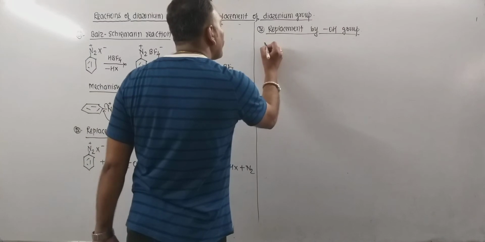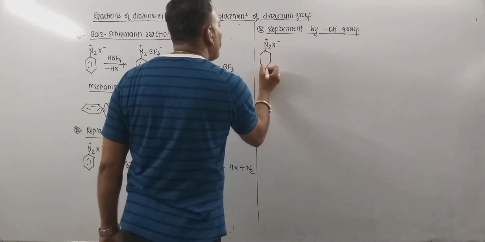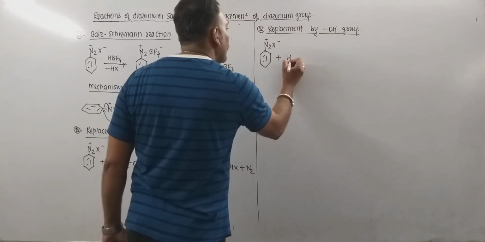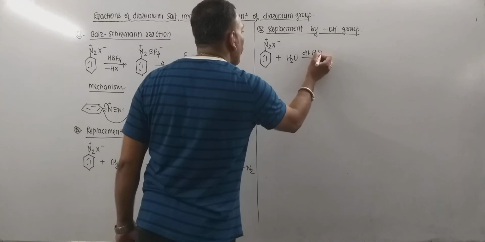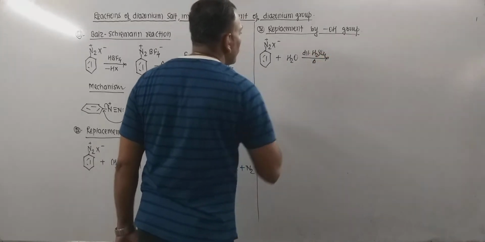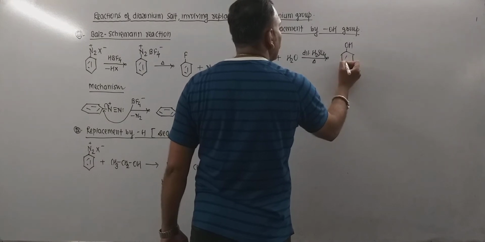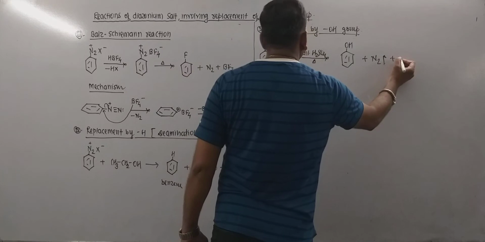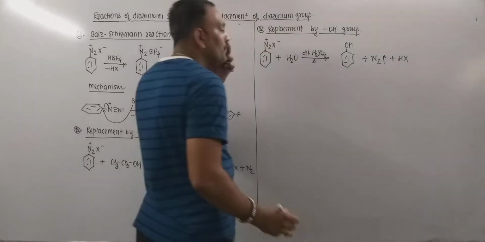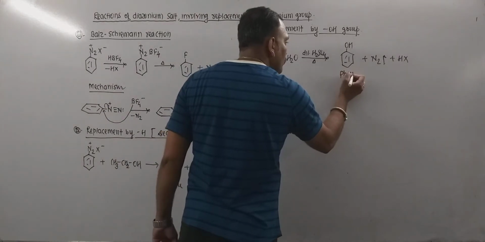So exactly what happens when the diazonium salt is hydrolyzed using dilute H2SO4? Upon hydrolysis using dilute H2SO4, phenol can be obtained directly. So phenol is the key product here, with the evolution of what? N2 and HX. Now this is phenol.